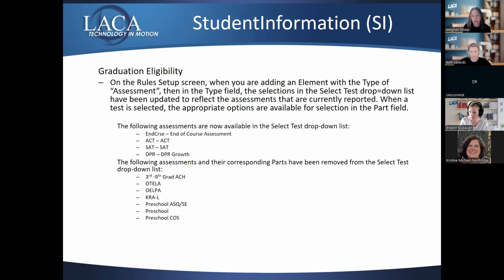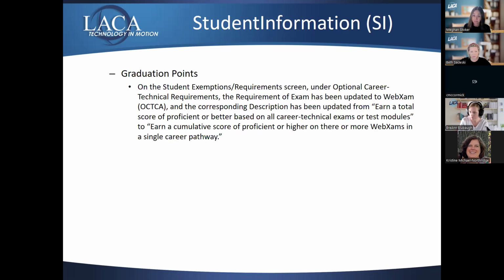Basically they just updated the test drop downs, they updated specifics for assessments, that kind of thing. So you'll now see all of those updates in the graduation eligibility side as well. On the grad point side, they are still going through and making changes and updates to that area also. On the student exemption requirement screen, there are now optional career tech.